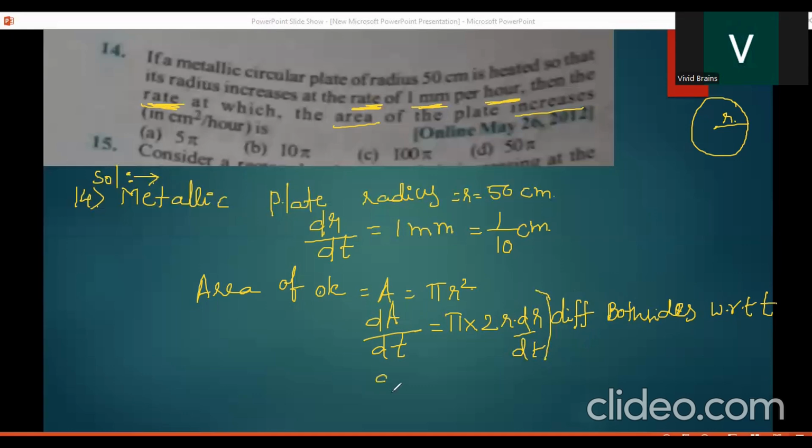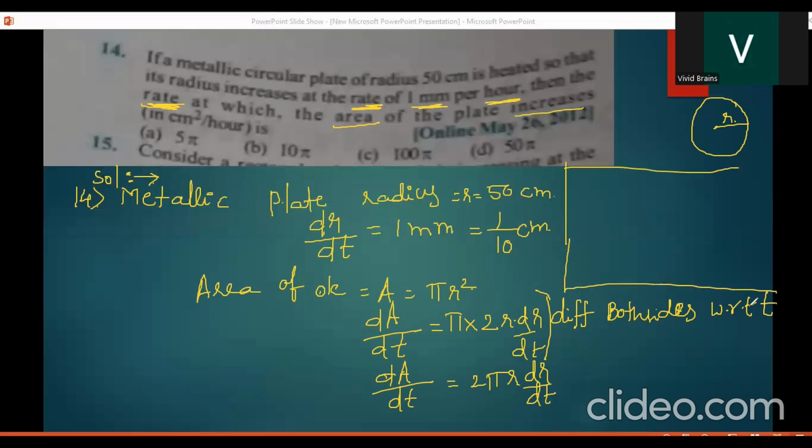So dA by dt is what we have to calculate, the rate at which the area is going to increase with respect to time, in centimeter square per hour. So this is 2 pi r into dr by dt. Here you know the value of R as well as dr by dt.